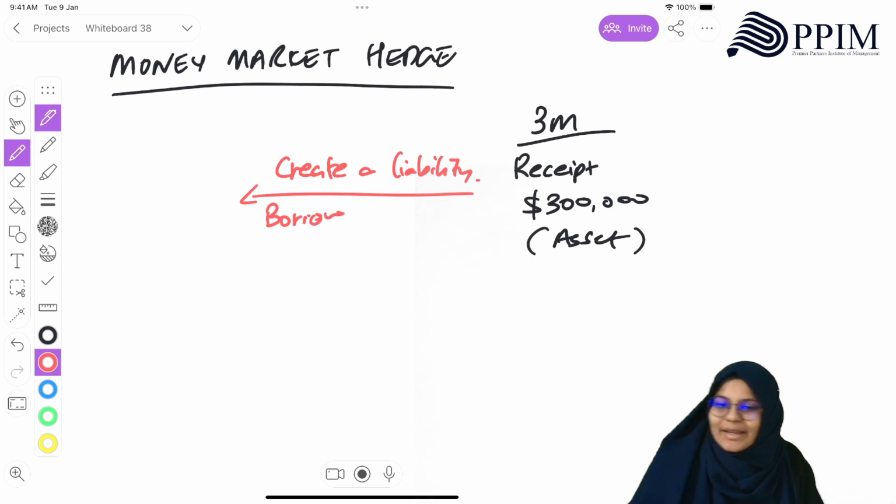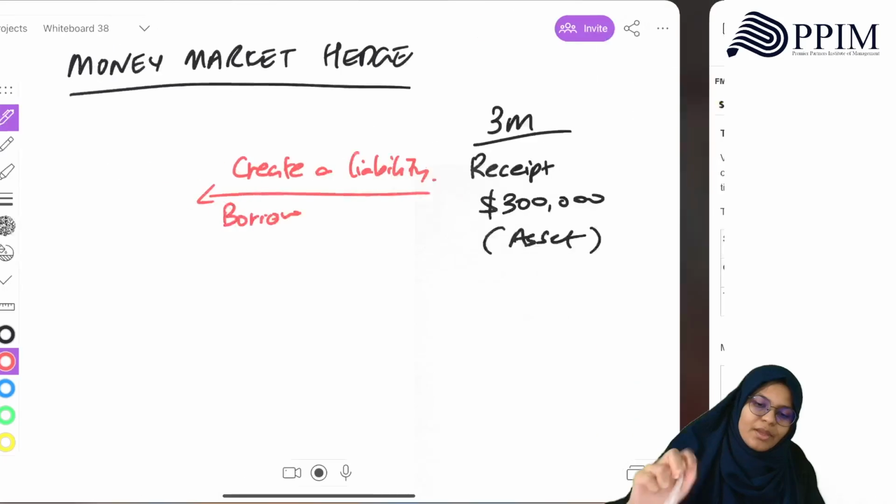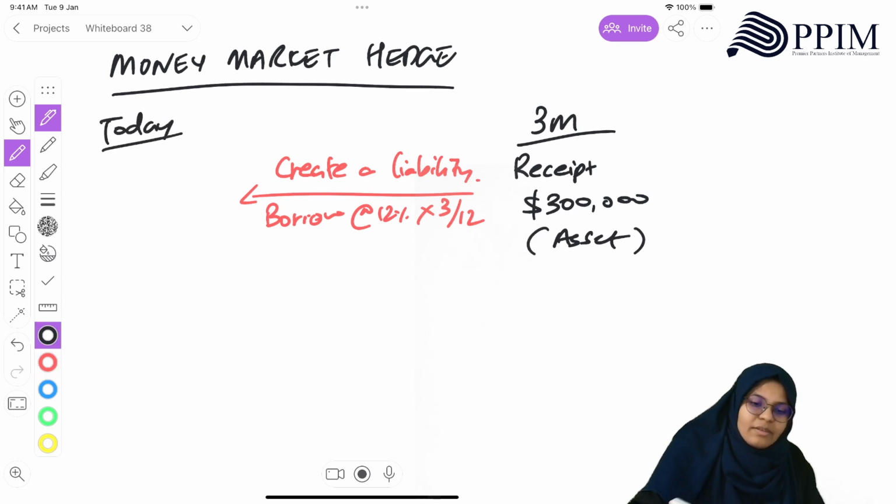Okay, so borrowing dollars, what is the interest rate? 1 year dollar interest rate for borrowing is here 12%. Okay, so borrow at 12%, that's the 1 year rate. So I want only for 3 out of 12 months. Okay, so now I will get the present value, right? So today I will borrow the present value of 300,000.